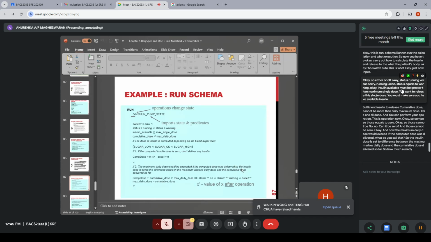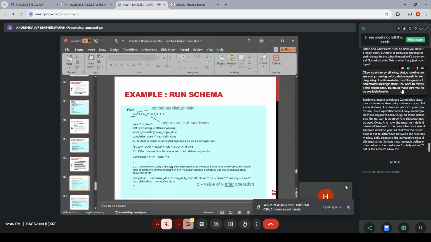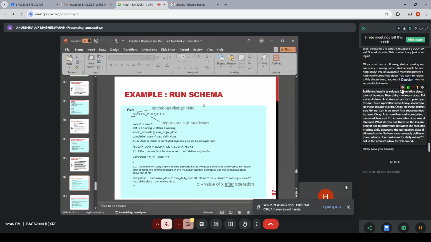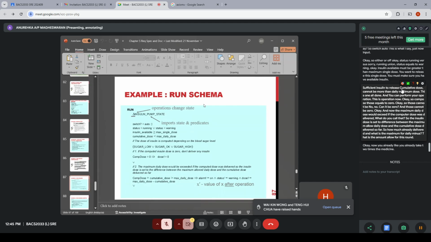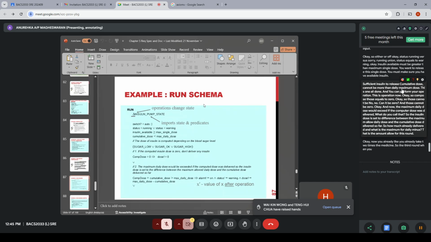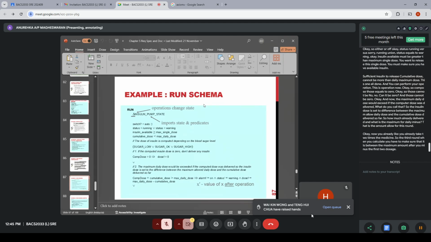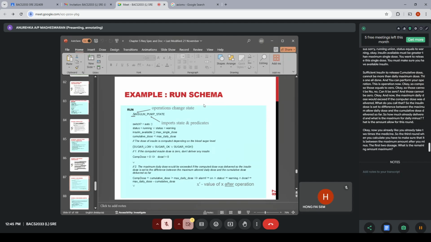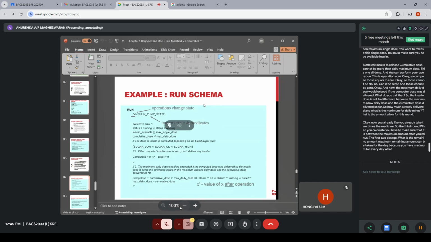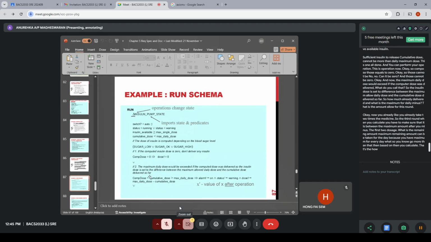So how much has already been delivered, and the maximum for daily minus that is the amount allowed for this round. Now you already took the medicine 2 times. So for the third round, when you calculate, you have to make sure that it is within the maximum amount. After you subtract the first 2 dosages, what is the remaining maximum amount that can be taken for the day? Because you have a maximum for every day, so you cannot go more than that. Then based on that, you calculate. That's how you calculate.